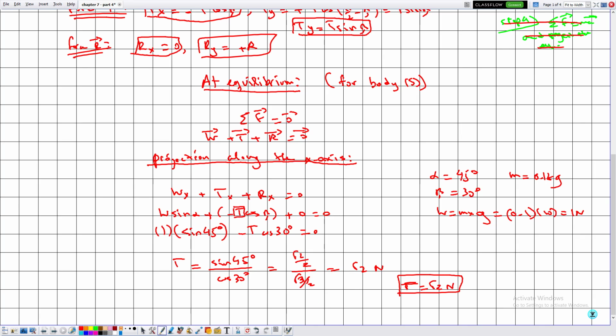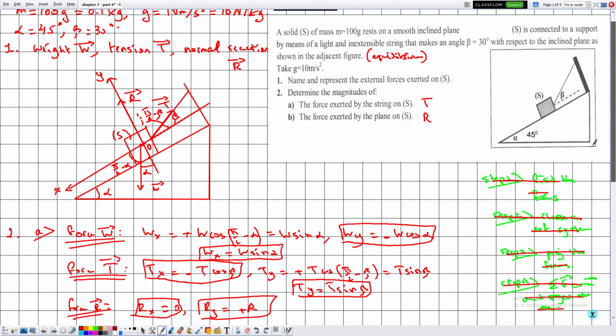So this is equal to radical 2 over radical 3, and if you rationalize, if you multiply by radical 3 and radical 3, this is equal to radical 6 over 3 newtons. Then the magnitude of t in the SI is radical 6 divided by 3 newtons. This is it for part B.